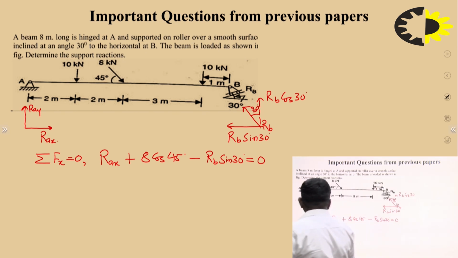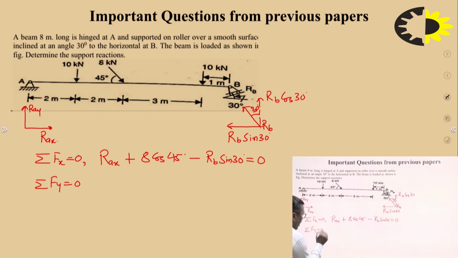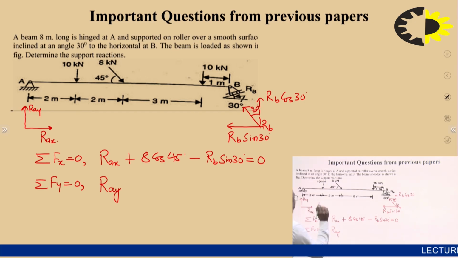Now I am writing the second equation of equilibrium, sigma Fy equal to 0. Sigma Fy equal to 0 means the algebraic sum of all the forces in the y direction. Starting again from the point A, there is a vertical force RAY.